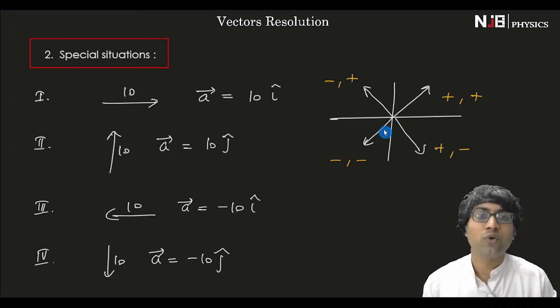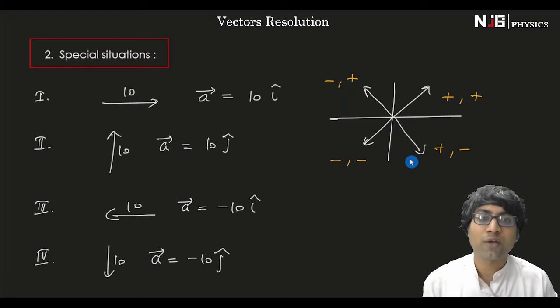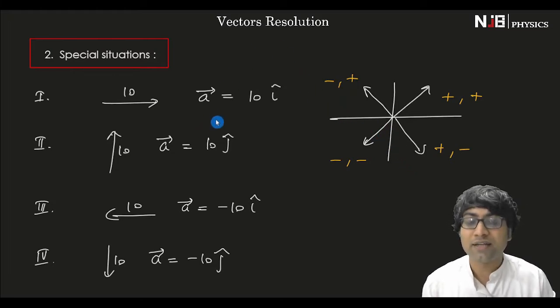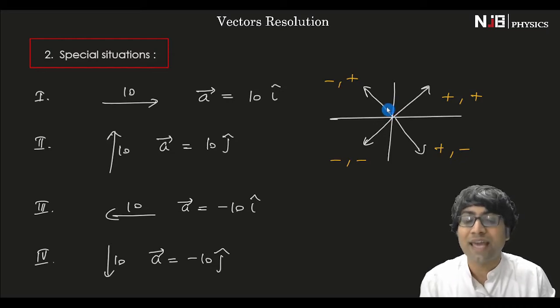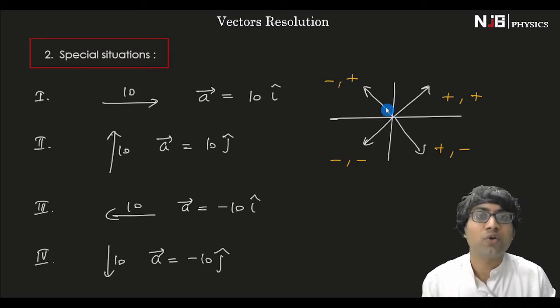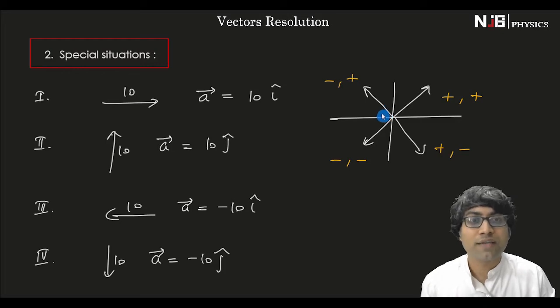And how to find out this x component and y component? Well, as I said, you just need to find out what is the angle made by this vector either with the x-axis or with the y-axis. If it is making, let's say, theta angle with the x-axis, then for writing the component of the vector along the x-axis you will use cos theta, and for the y component you will use sin theta.